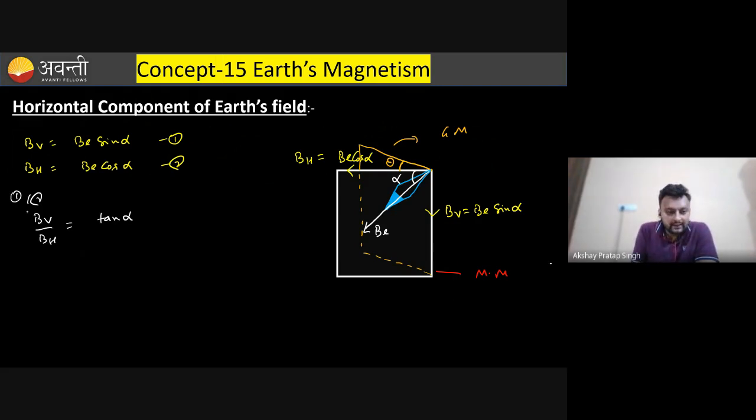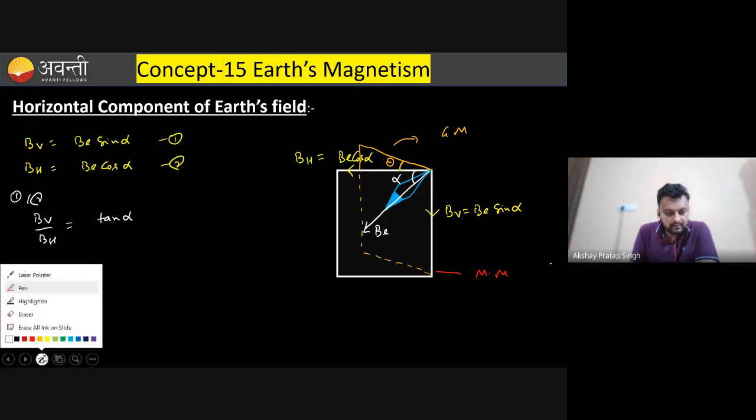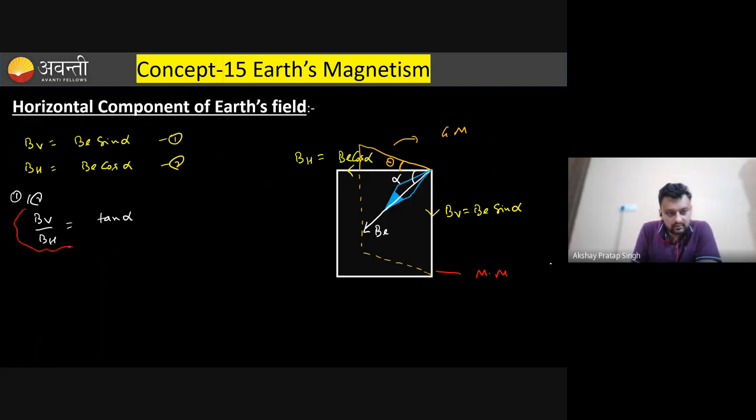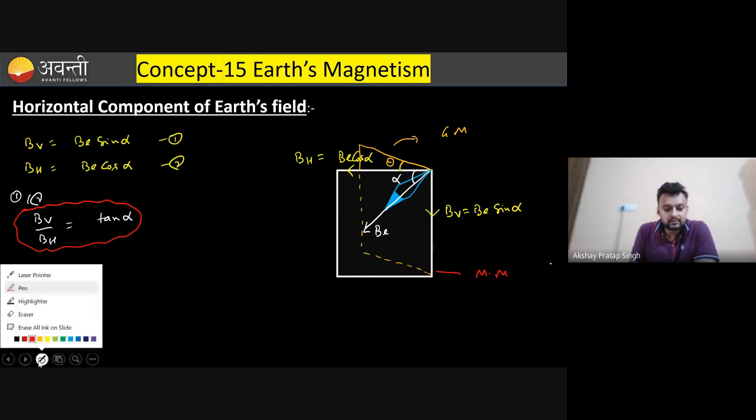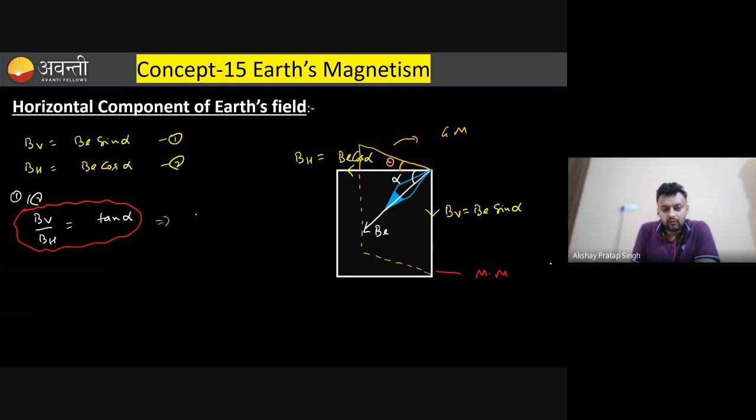You can either remember this relation or you can transform it into any other format, like B vertical is equal to B horizontal multiplied by tan alpha. You can make any relation out of it. Like you can say vertical component is equal to horizontal component into tan alpha.